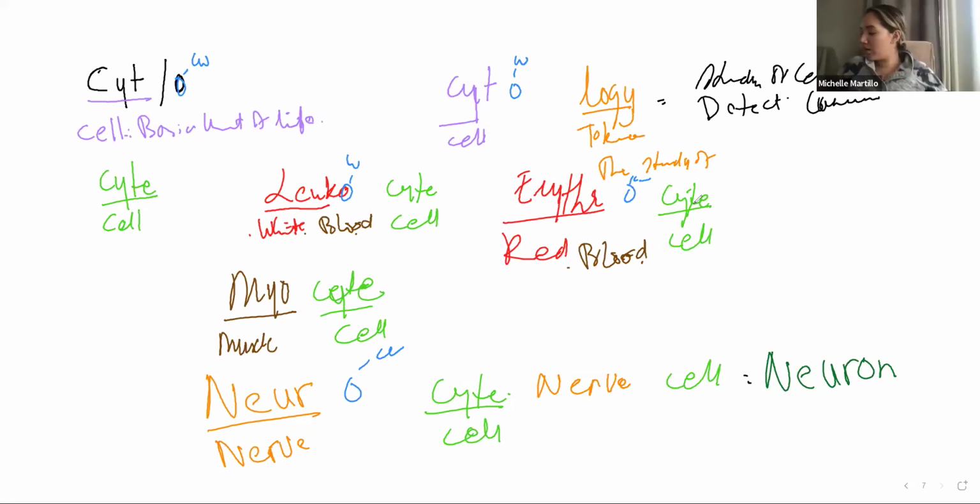So erythrocyte is just another word for your red blood cells. Leukocytes is your white blood cells, where leuk is white, O is your combining vowel, and cyte is cells.